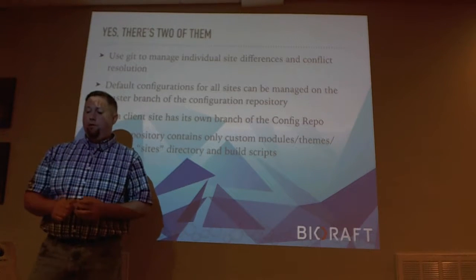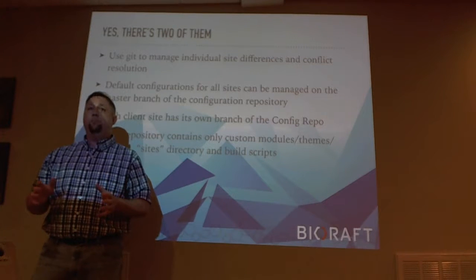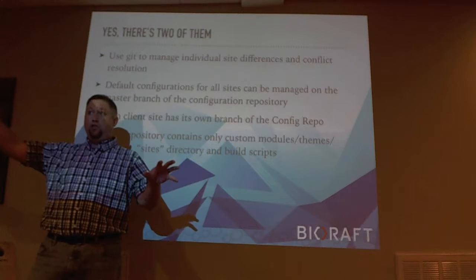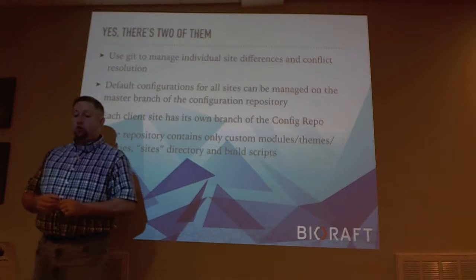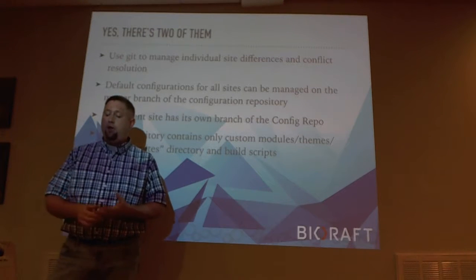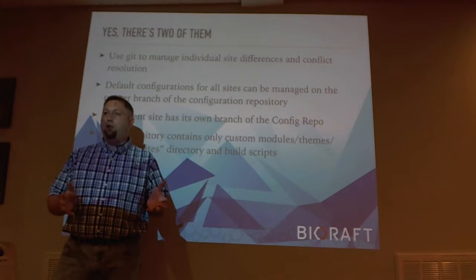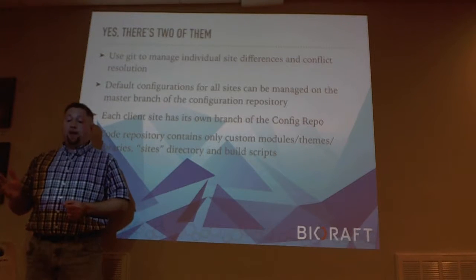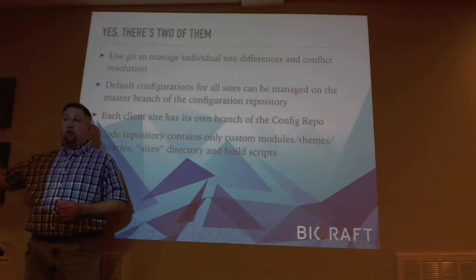That's really, really powerful, because that is what gives you the flexibility to manage the client's changes separately from default configuration changes. So the way that this works is that you can update all sites from a single configuration on the master branch, okay? You can override default master configurations for a particular field on a particular client site.